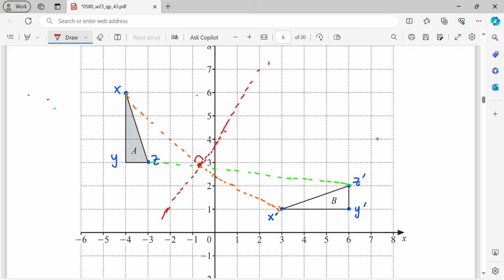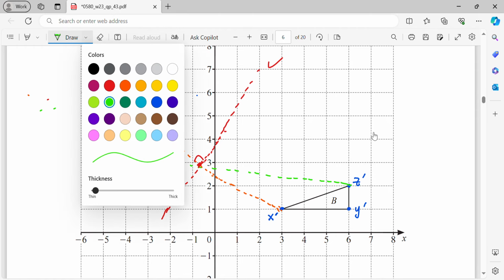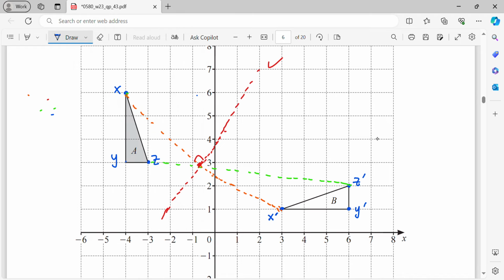Now for the green color, it's the same. You get the midpoint, you just measure, probably here. Then you draw the line. I'm not sure whether it's correct or not, probably here. So you just draw the line so that it is a perpendicular bisector.